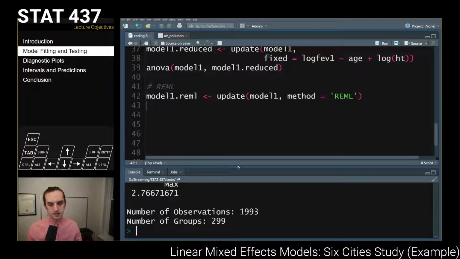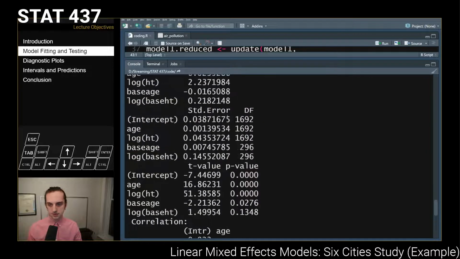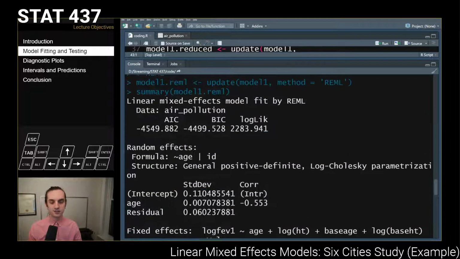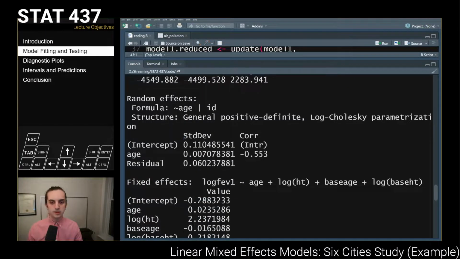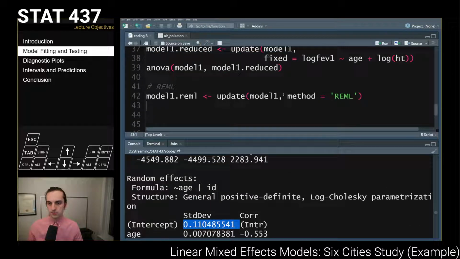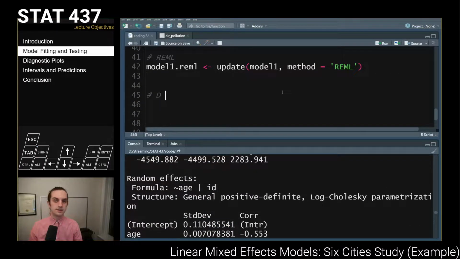And in particular, we can take a look up. We scroll up above our coefficients that are output. We see this table here where we get a standard deviation estimate for our intercept and for our age, as well as a correlation, and then this residual. Okay, so these are all of the parameters that we need to estimate our random effects from. Okay, and in particular, if we remember that we're thinking about this D matrix here, right, where the D matrix is equal to the covariance matrix for our random effects terms, so for our b_i.